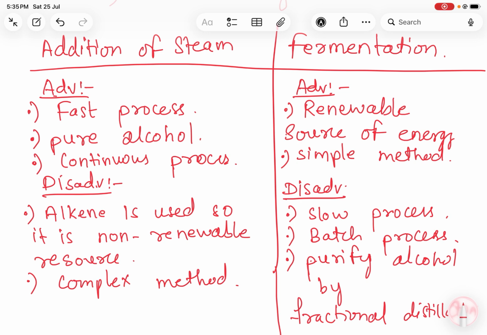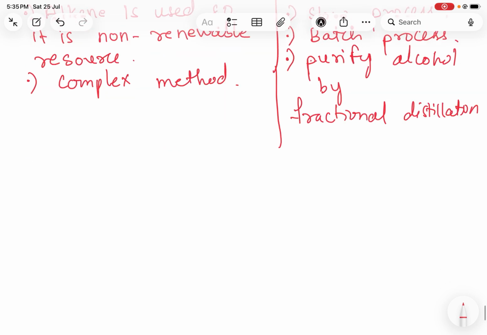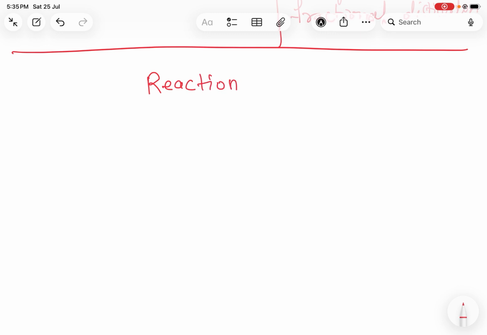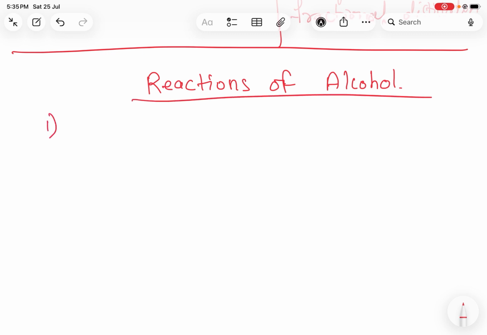Next we move ahead with the reactions of alcohol. The first reaction that we have is the combustion reaction. Combustion means when it reacts with oxygen. So it gives the same products as alkanes and alkenes used to give.